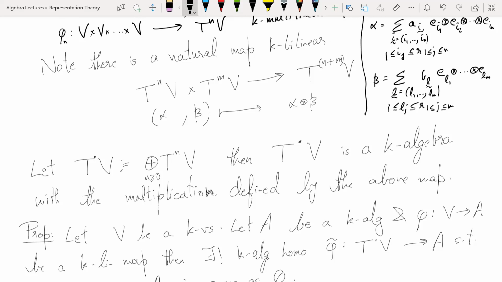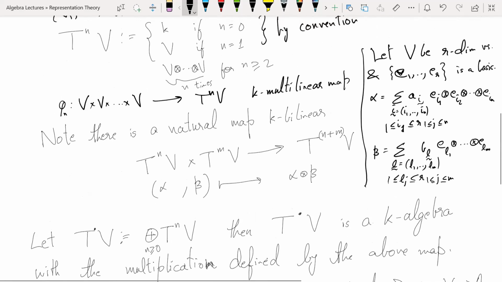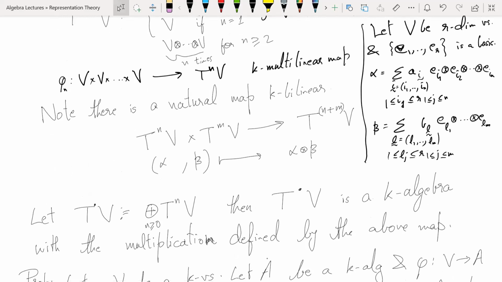As the K vector space, you just take the sum of all these T^n V's which we have defined. More explicitly, I can write it here: it's K direct sum V direct sum V tensor V direct sum V tensor V tensor V, and so on.